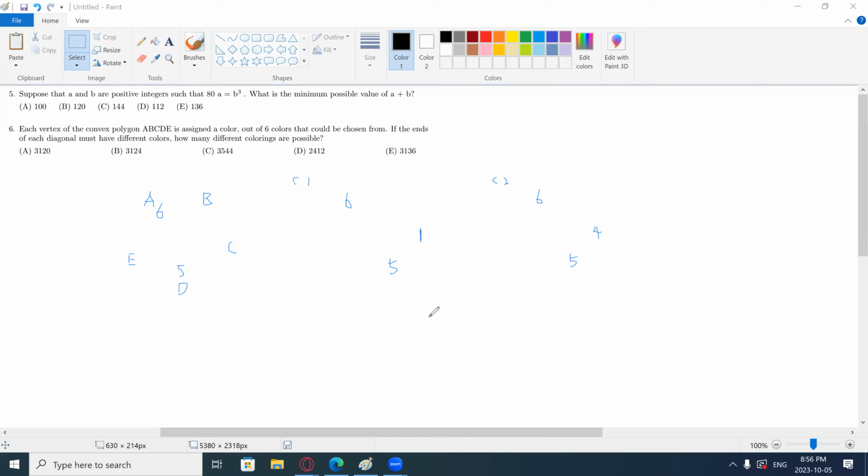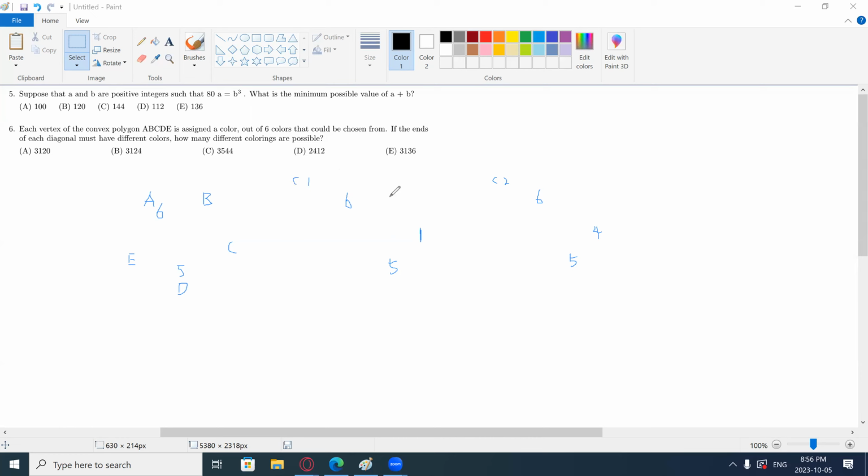So we can keep analyzing each case. In case 1, C chose the same color as D.